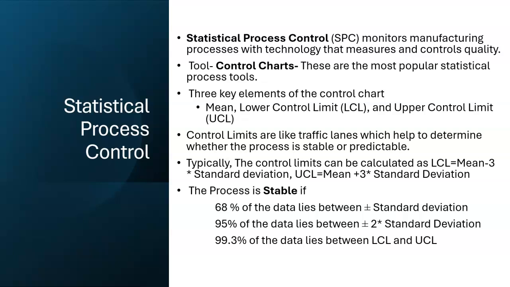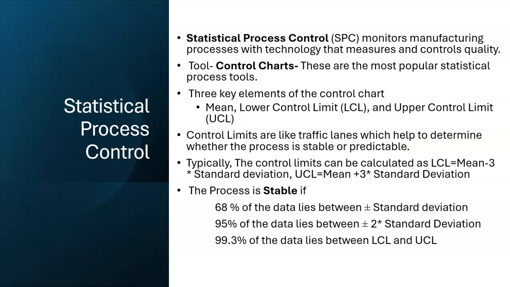These control limits are like traffic lanes, which help to determine whether the process is stable or under control or not. We can calculate the lower control limit and upper control limit as the mean plus or minus 3 times the standard deviation.